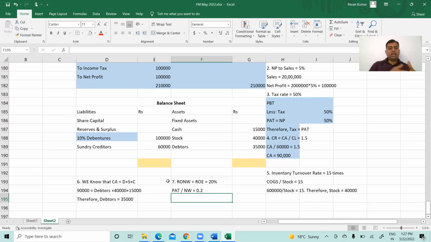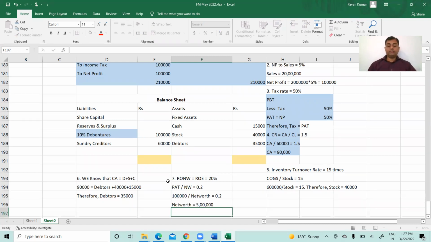If you do not write into 100, you can put 0.2. Mathematically, they are same. So we know PAT, 1 lakh. PAT and net profit are same. 1 lakh divided by net worth is equal to 0.2. Guys, can you tell me what is net worth? 1 lakh divided by 0.2. Is it 5 lakhs? 5 lakhs. Yes, sir.